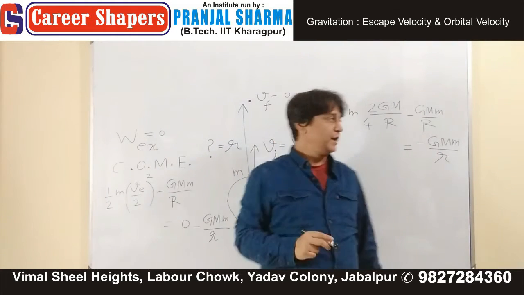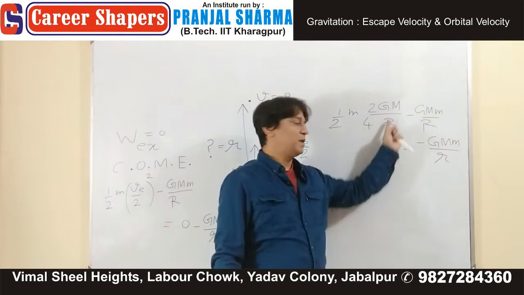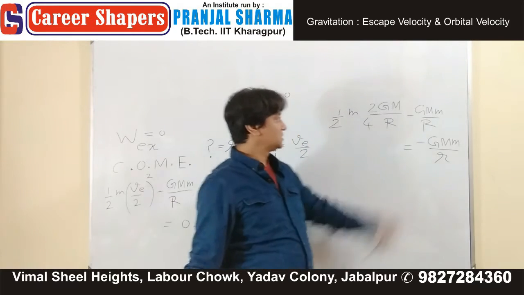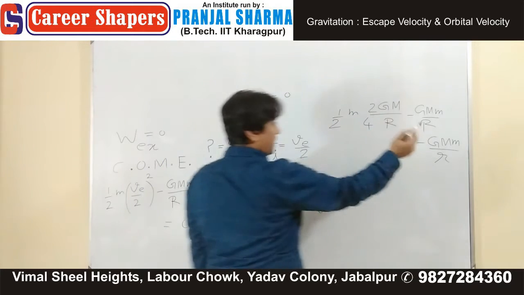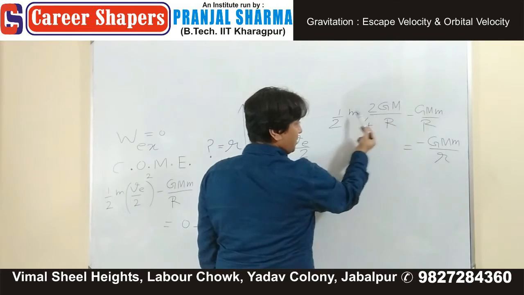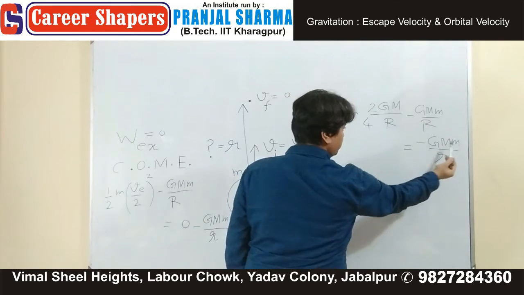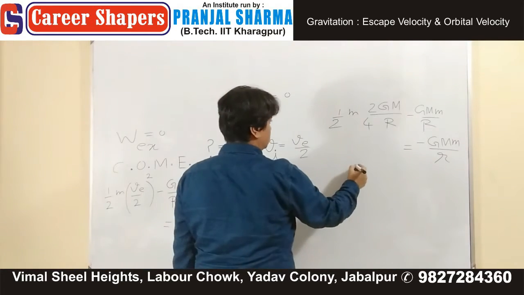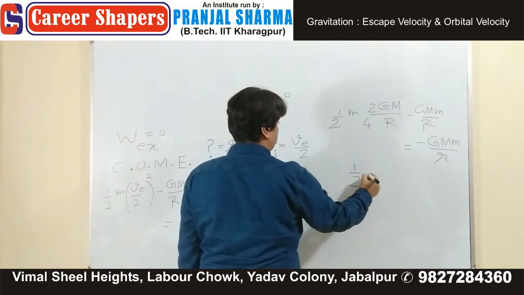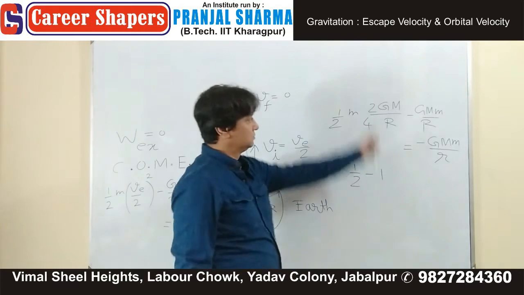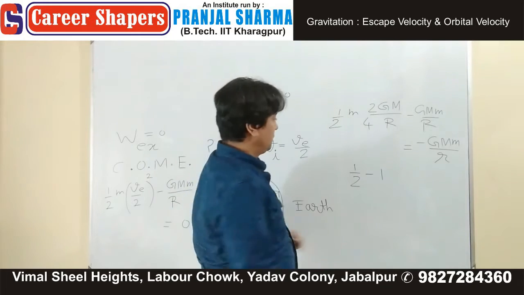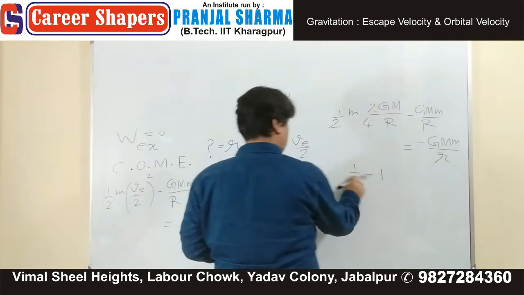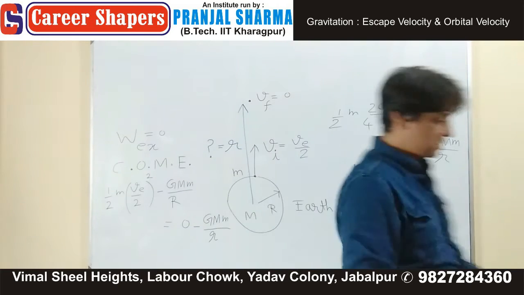V, we already know that V is root over 2GM by r. It's a square, and then divide by 2. This becomes this. You can cancel the terms of GMm. All these terms you can cancel. This becomes 1 by 2 minus 1. Not 1 by 2, 1 by 4. 2 and 2 cancelled.